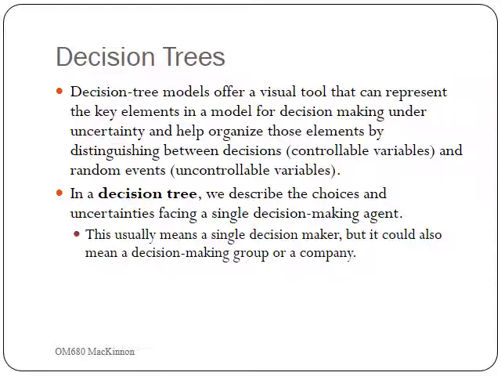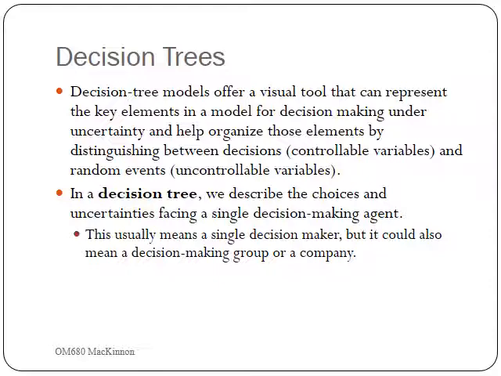We could do all of this within a payoff table, but it can make more sense to us to see it visually. It allows us to distinguish between the things that we can control, which are our decisions, and random events, which are the uncertain parameters.